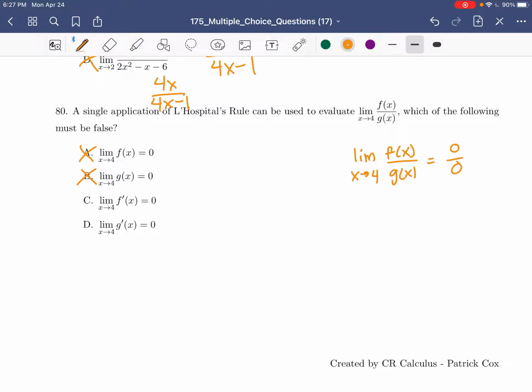So that means f of x and g of x both have to be 0. Now if I take the derivative using L'Hopital's, you should end up with f prime of x over g prime of x. Now one of these is acceptable to be 0, and that's f of x. It's allowed to be 0. But g prime of x, that cannot be 0.